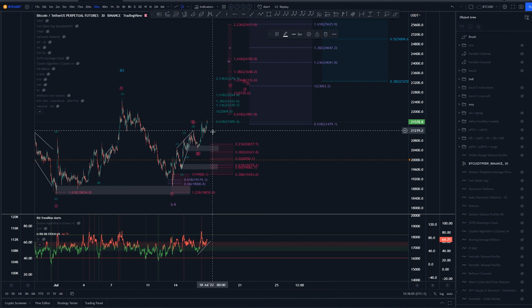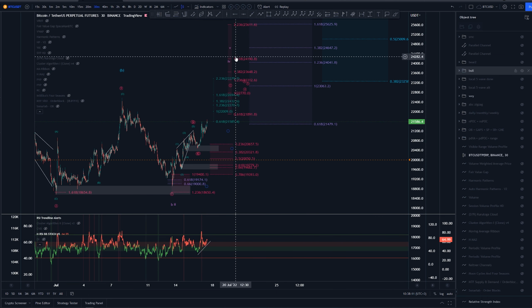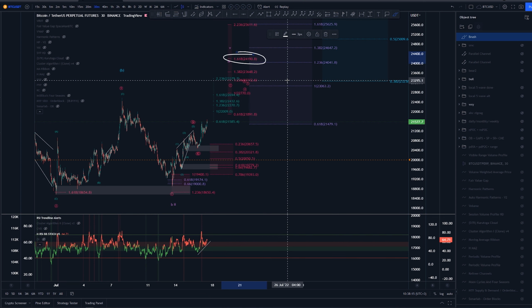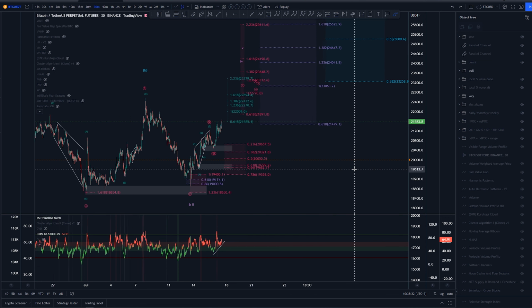Now if we are going to go beyond this and are saying that okay, this still can be a 1-2, then we would be targeting something up here around the 1.618. That would be around 24.19k.